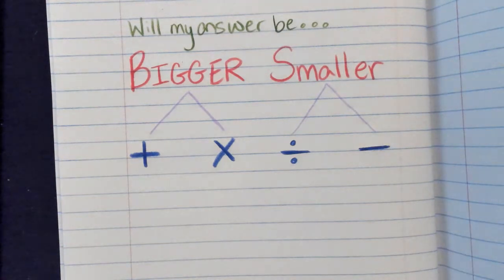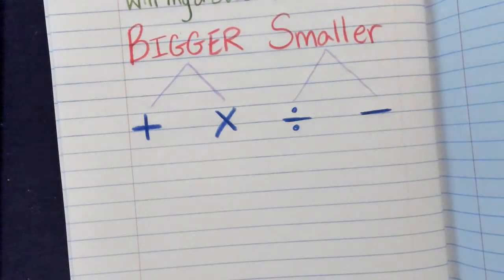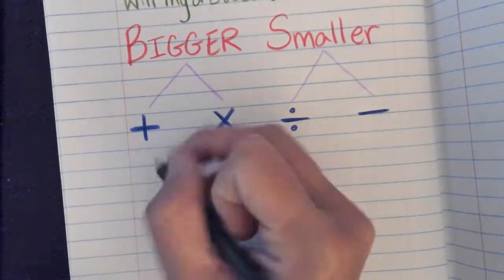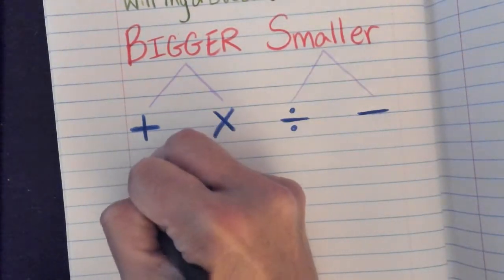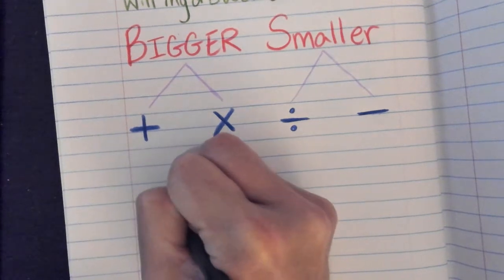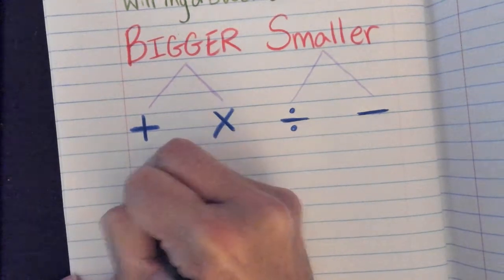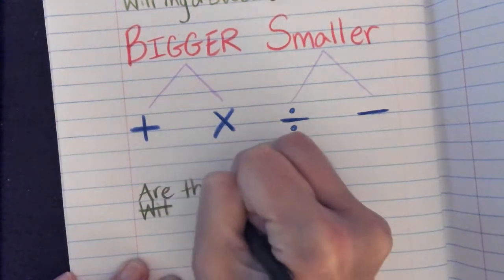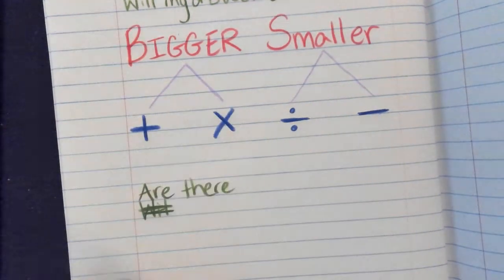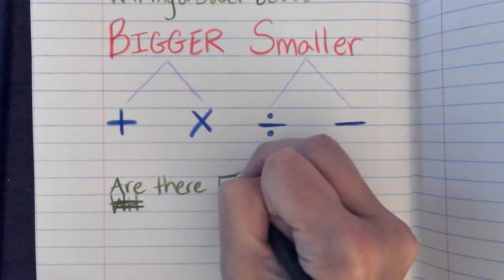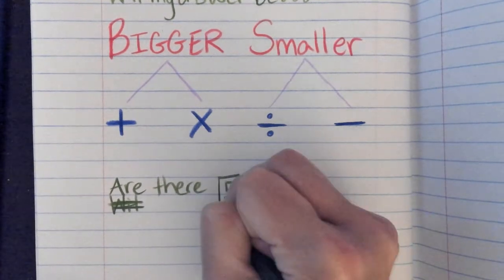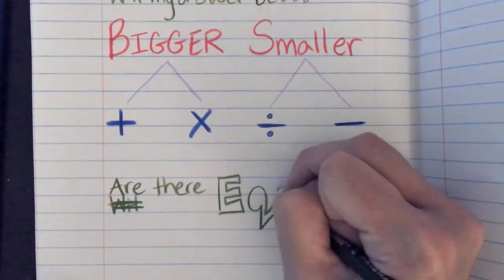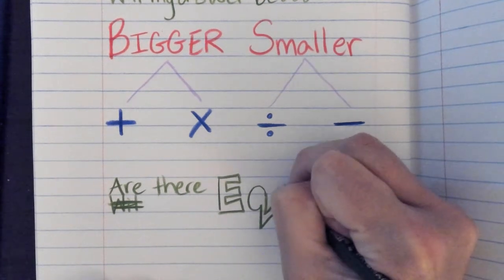So now for your second question. Okay. I'm going to skip a few lines because I'm going to do some arrows. Are there, and I'm going to write equal, are there equal parts?